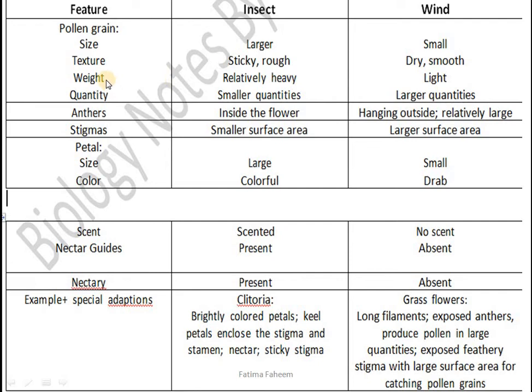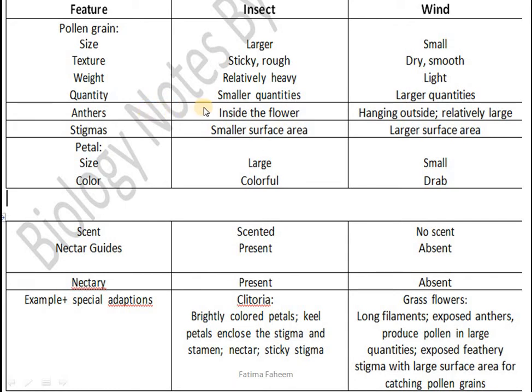The weight of the pollen dispersed by insects would be relatively heavier than those dispersed by wind. The quantity of the pollen grains dispersed by insects would be smaller compared to those dispersed by wind. What about anthers?